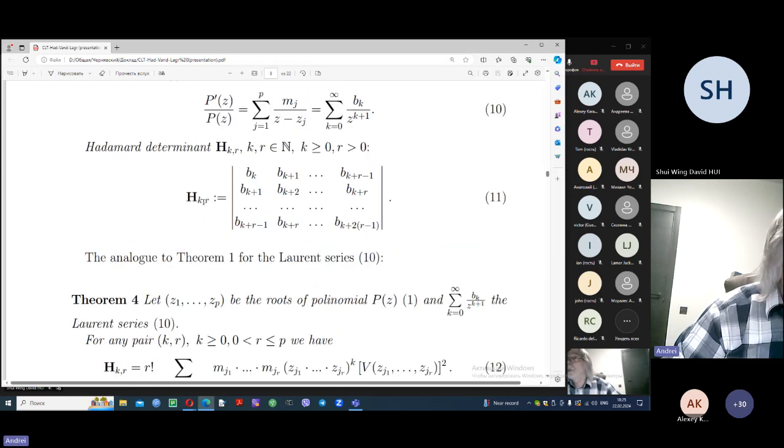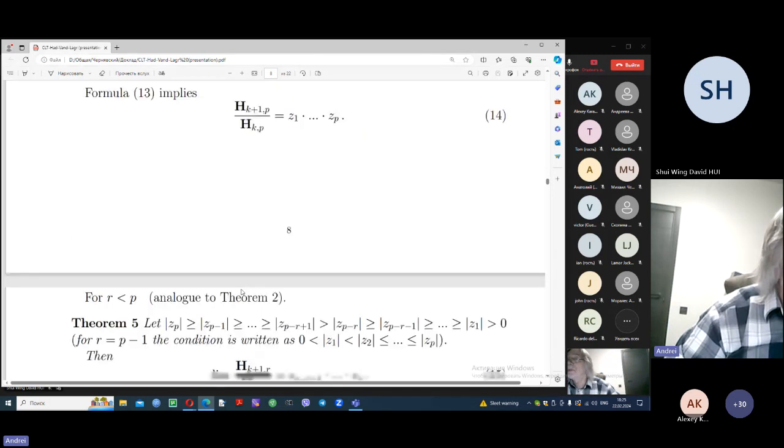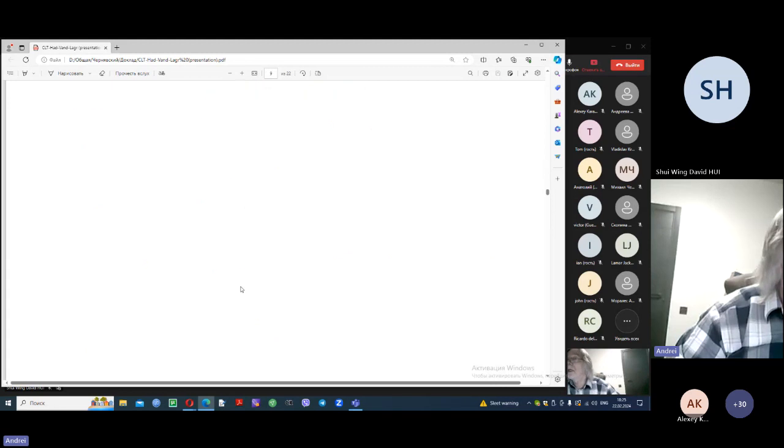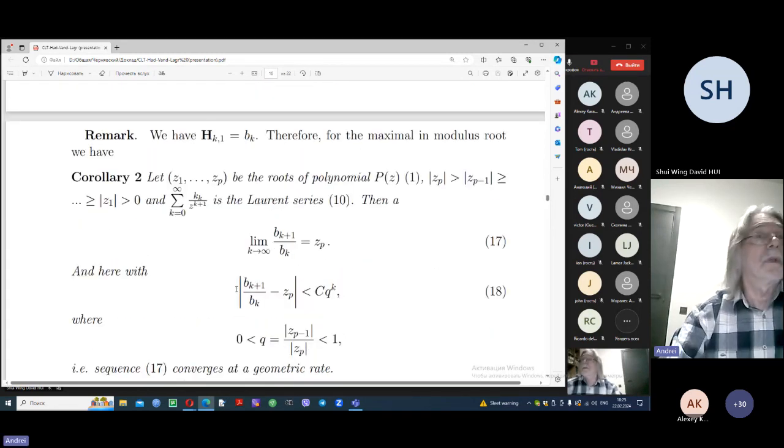Okay. So again, in particular, if this R is equal to 1, then the corresponding determinant is simply b_k. And this theorem turns out to be the following statement.